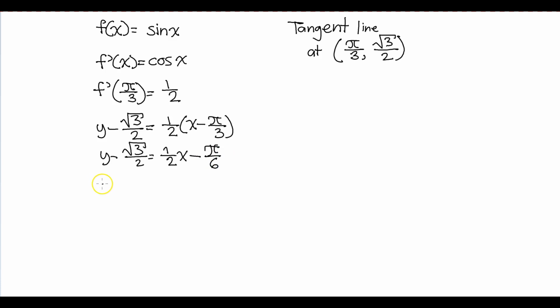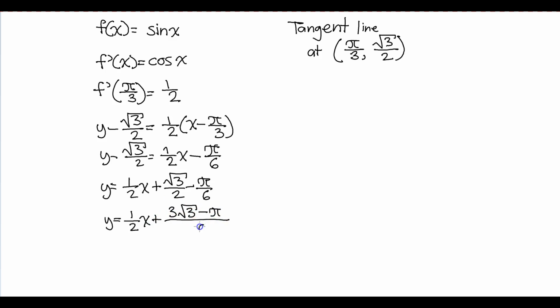So we can write the equation as y equals 1/2 x plus root 3 over 2 minus pi over 6, or y equals 1/2 x plus (3 root 3 minus pi) over 6. And that is our tangent line.